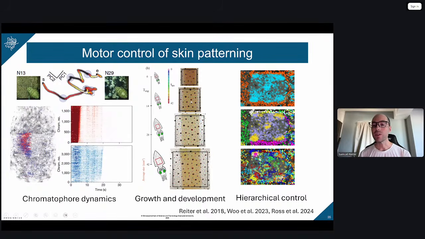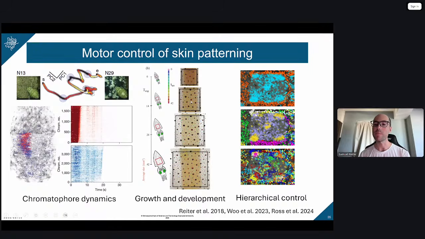Another thing we can do is look at the correlations of the fluctuations, so the chromatophores expanding and contracting together, and use these sort of measurements to infer elements of a hierarchical motor control strategy.